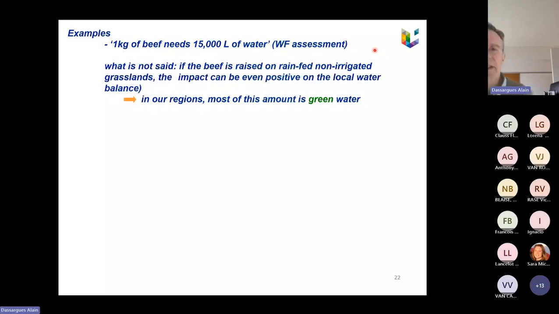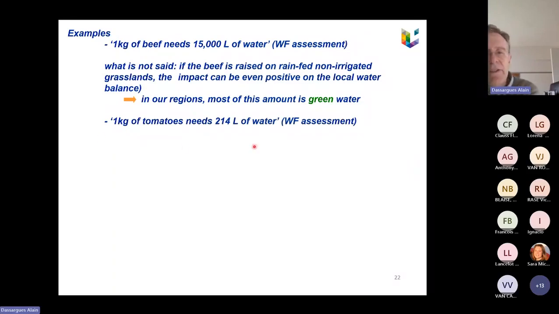But what is not said is that if the beef is raised on a rain-fed, non-irrigated grassland, the impact can even be positive on the local water balance with respect to, for example, another land use like forest. In our region, most of this amount is green water. Of course, if your beef is coming from Argentina or from arid zones, it is another story.